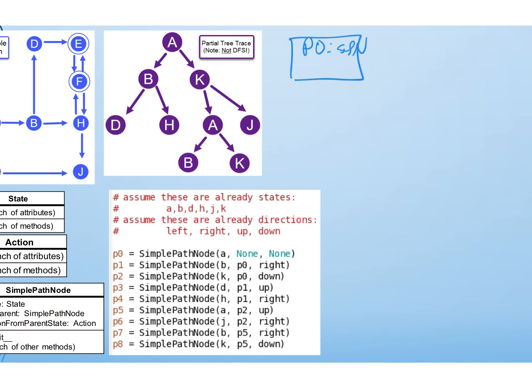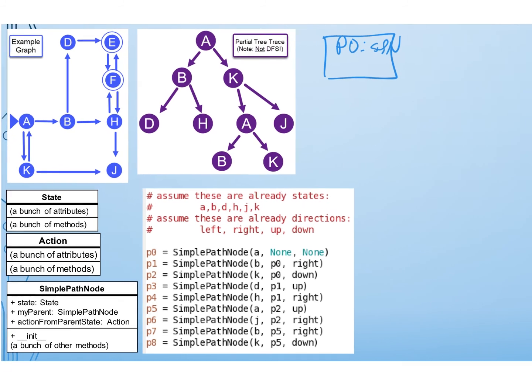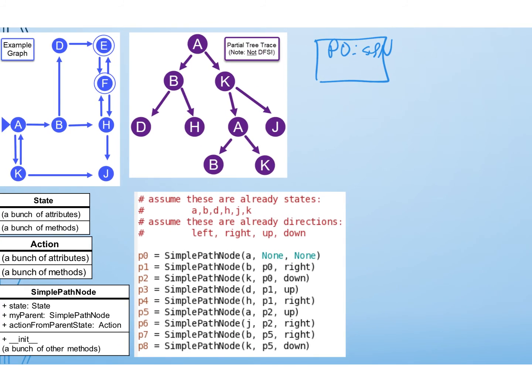Let's move over. There we go. If we're looking at P0, it has A as the state that it's pointing to, and then we use these two values, none and none, which is the Python equivalent of this space intentionally left blank, right?